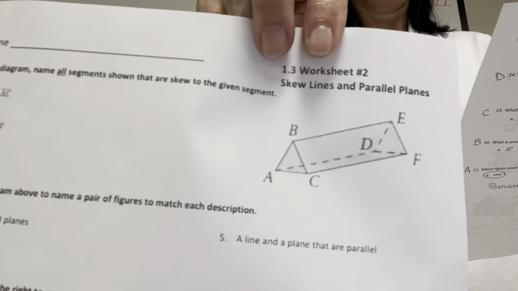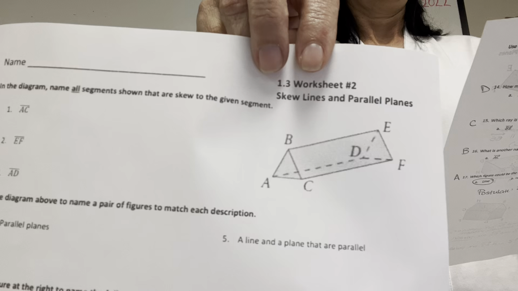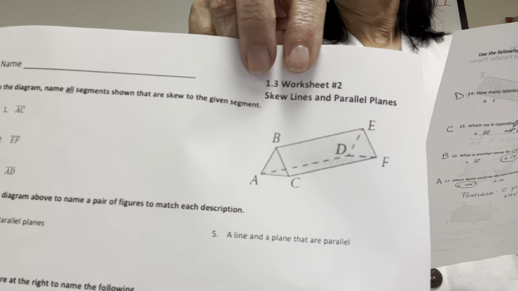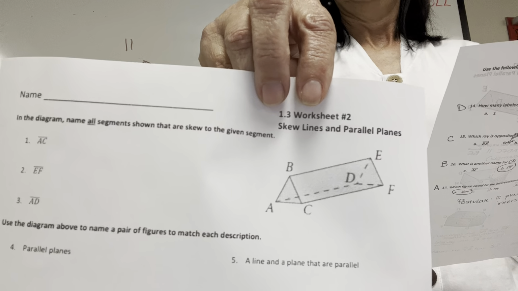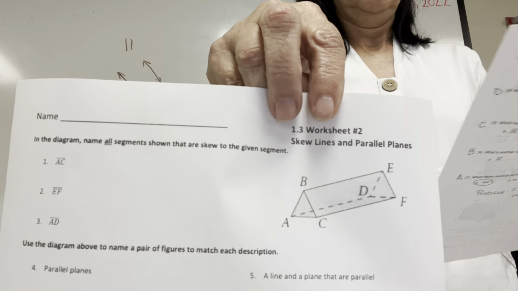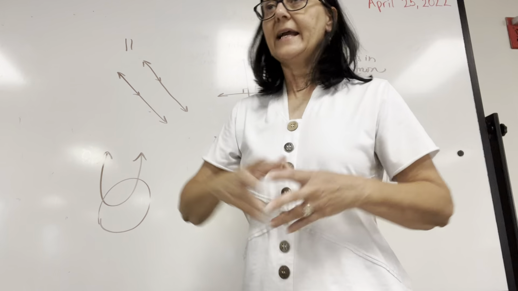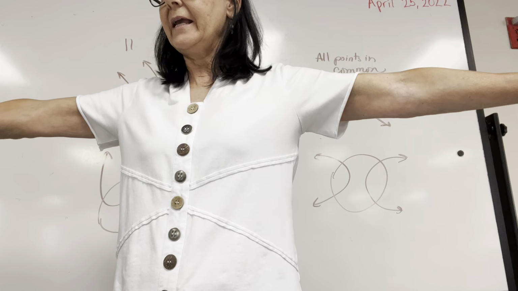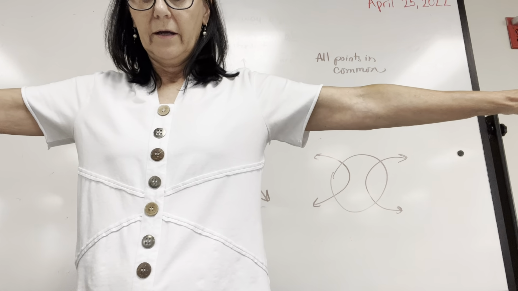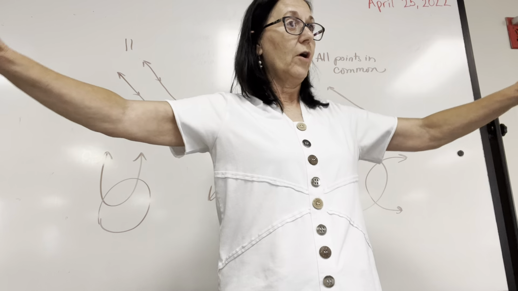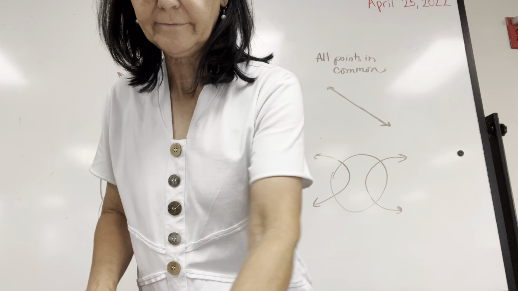And then EF. So skew lines exist on different planes, right? And they are neither parallel nor intersecting. Got it? Make sense so far?